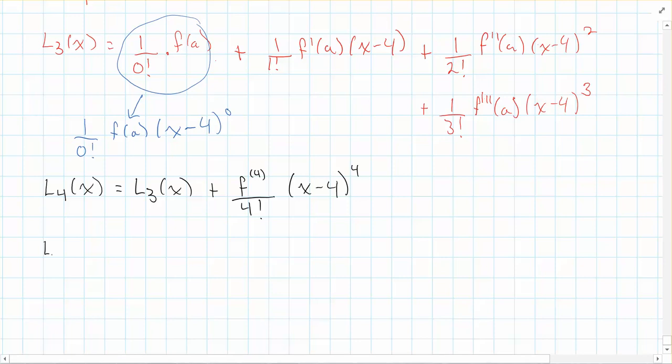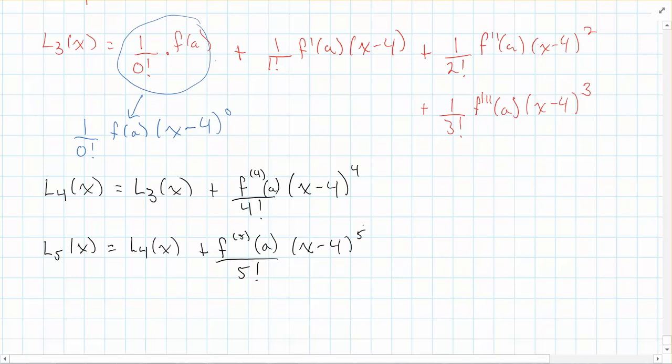And then we could even do another one. L5 would be L4, and then I'd just add an additional term: the 5th derivative evaluated at a over 5 factorial times x minus 4 to the 5th power.